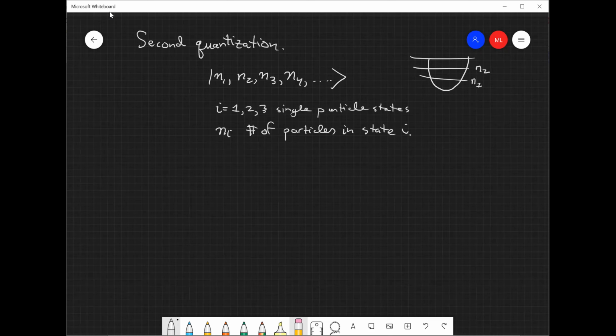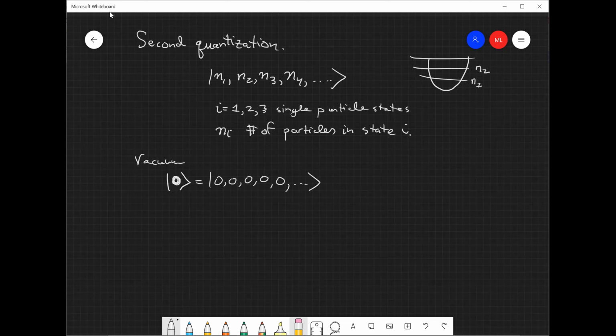So we can define a state called the vacuum, which is just the state where you've got no particles anywhere.